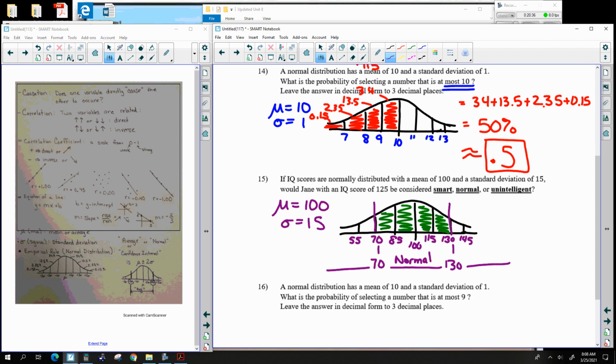Everything outside that, in this case, is considered to be smart and unintelligent. Okay. And Jane comes in at 125. 125 is just a little bit below that 130, so Jane is considered to be normal.